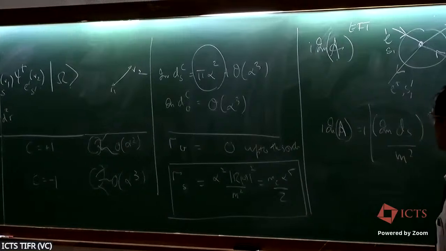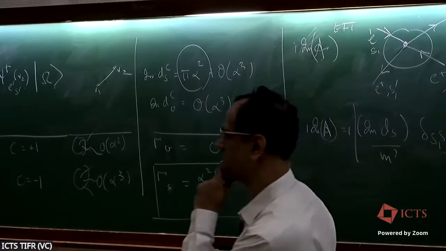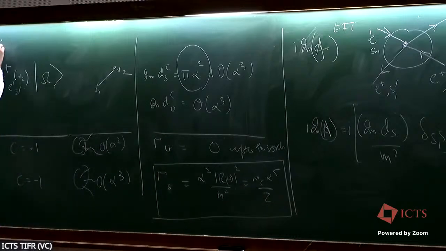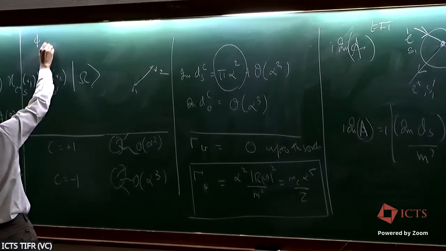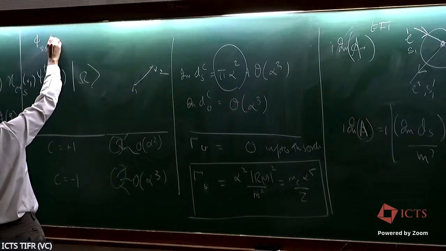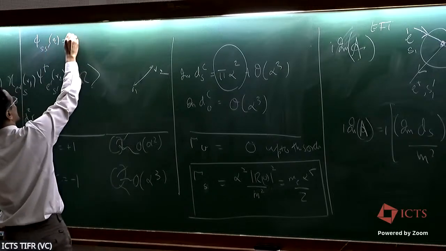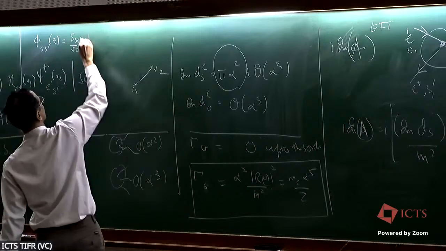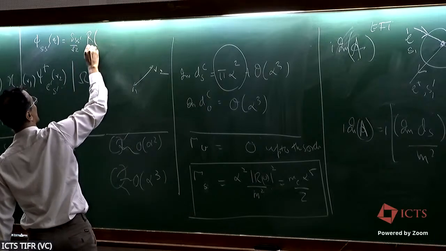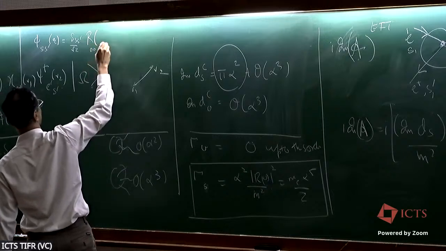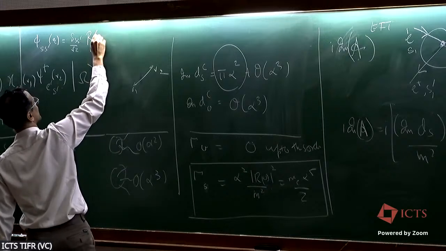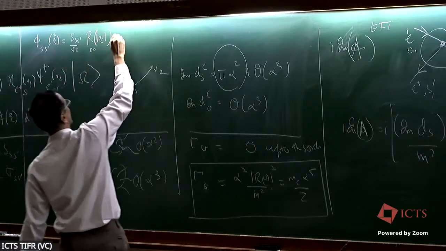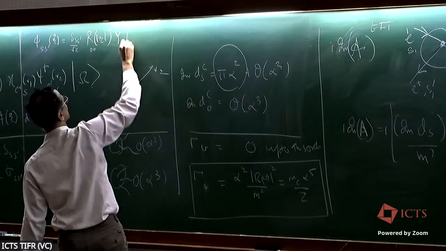Yes, so just to make this concrete, phi SS prime of R is equal to, for the singlet, delta SS prime square root of 2, some radial wave function R0 with L equals 0, N equals 0, which depends on the magnitude of R, and Y00 of R hat.